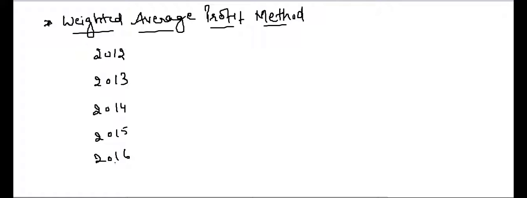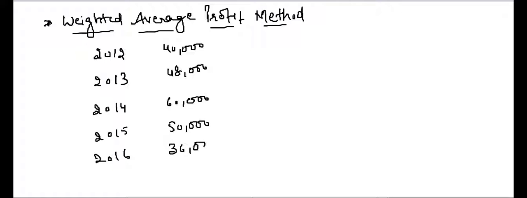I have profits of, say, 40,000, 48,000, 60,000, 50,000 and 36,000. Now what we'll do is we'll be given some weights. We will be assigning the weights to these individual profits like 1, 2, 3, 4 and 5.